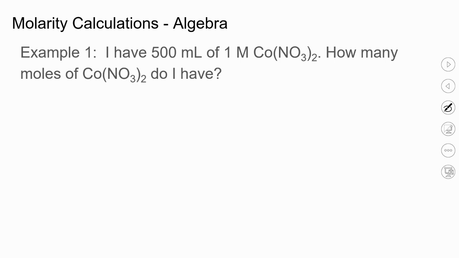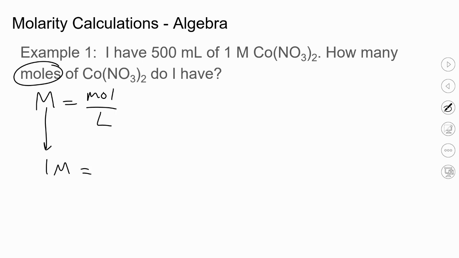Was this one on Alex? Let's do one of these. If we have this equation, molarity is moles per liter, and it's asking me how many moles. This is just an algebra problem. We have 1 molar.